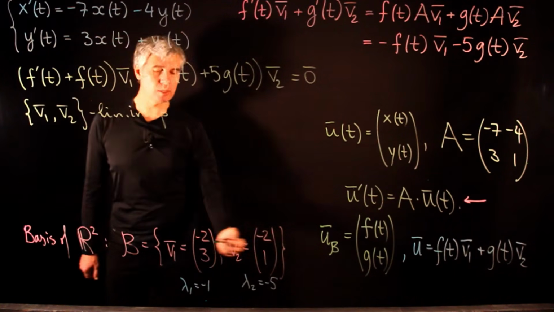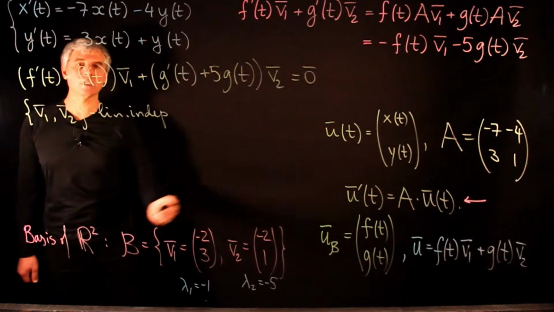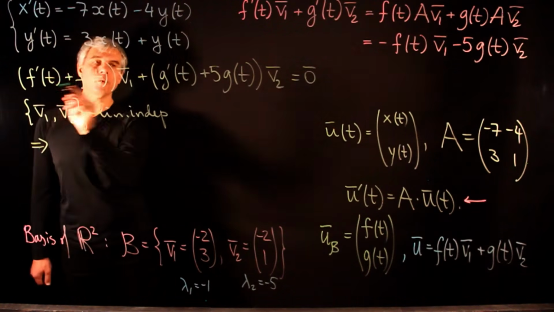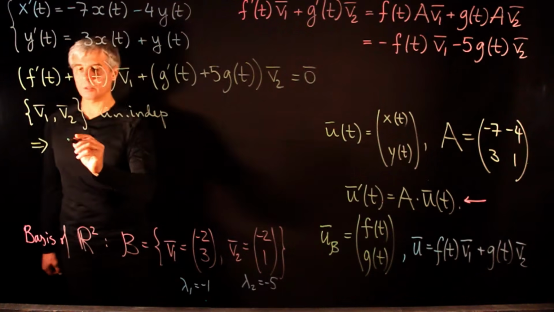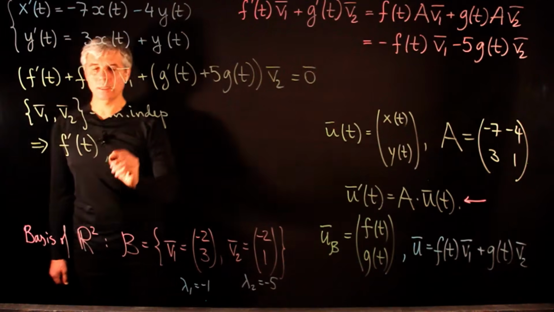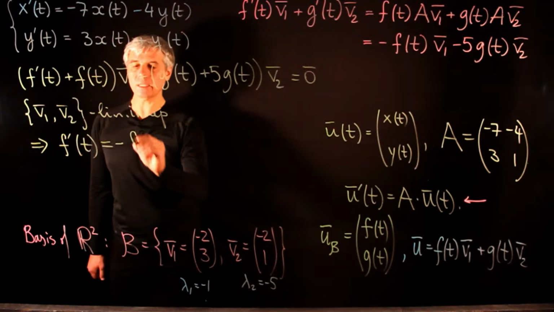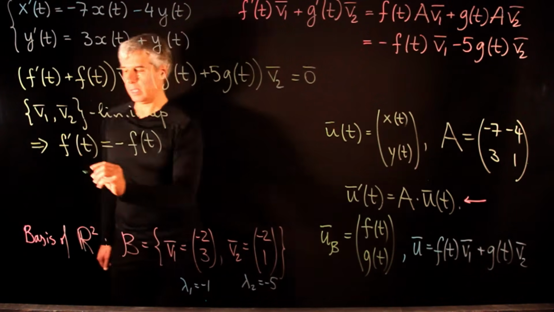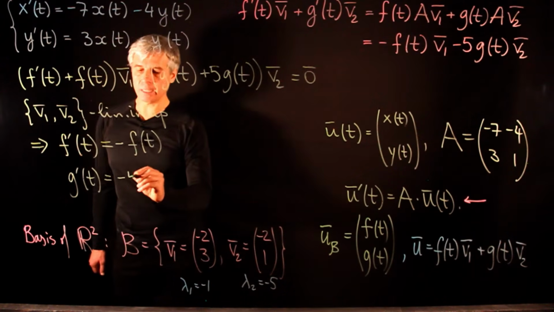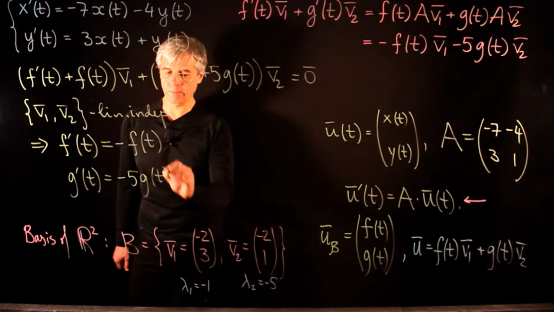Here we see that these two vectors are not proportional and non-zero. So this tells us that we can equate both coefficients to 0. This means that f prime of t is equal to minus f of t, and g prime of t is equal to minus 5 g of t.